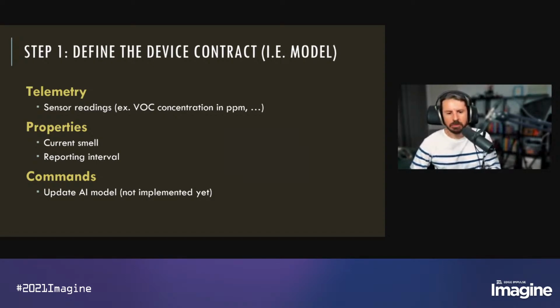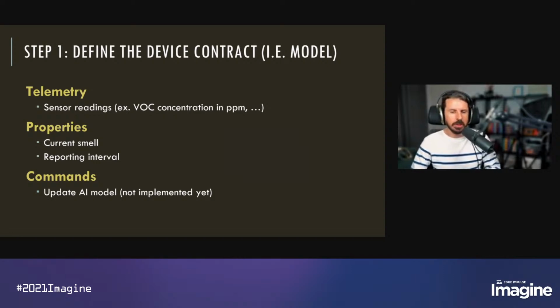And in general, and this is applicable to more than just Azure IoT, it's been a while since the IoT industry at large has agreed that, in a nutshell, you have things like telemetry, properties, and commands. Telemetry is something more in the form of the data that a device might produce.